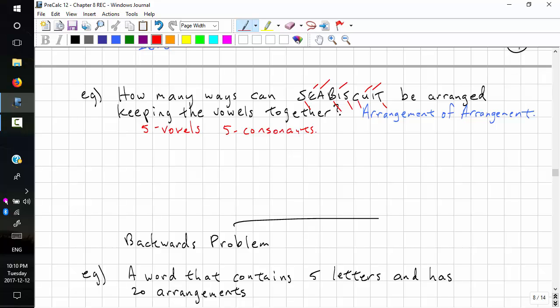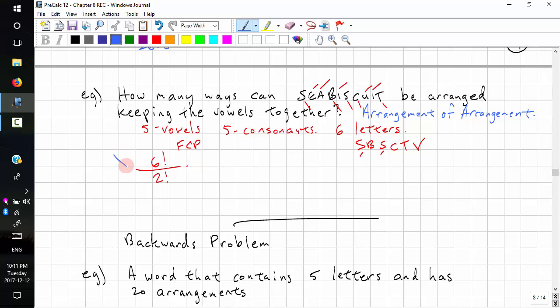So we're going to treat the vowels as one letter. So we have S, B, S, C, T. Those are our consonants. And we have the vowels. So that's 6 factorial. And we have 2 repeats. And then we need the fundamental counting principle because we need to arrange the vowels.